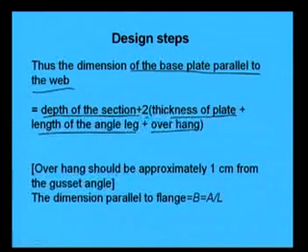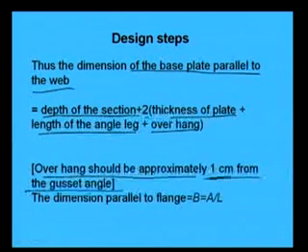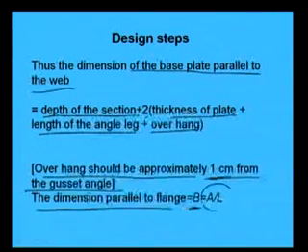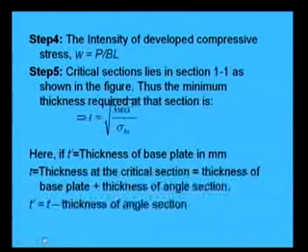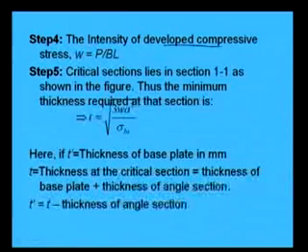Overhang should be approximately 1 centimeter from the gusset angle, and the dimension parallel to flange B will become A by L, where A is the total area. The intensity of developed compressive stress W can be written as P by BL.